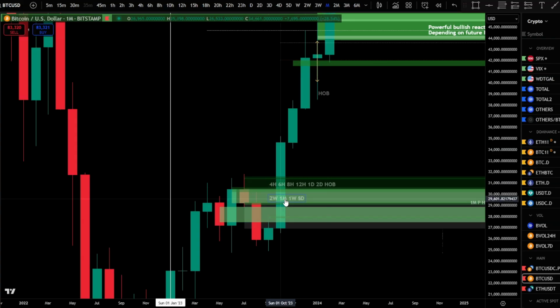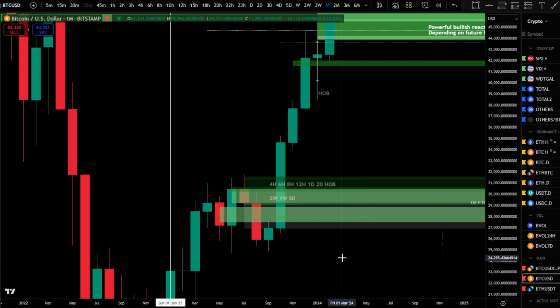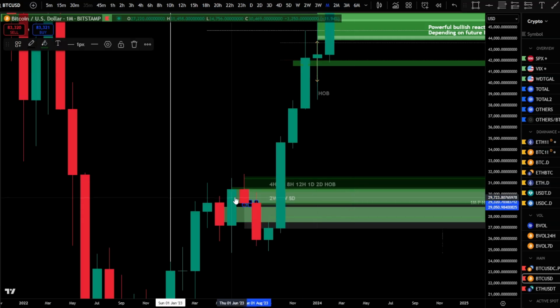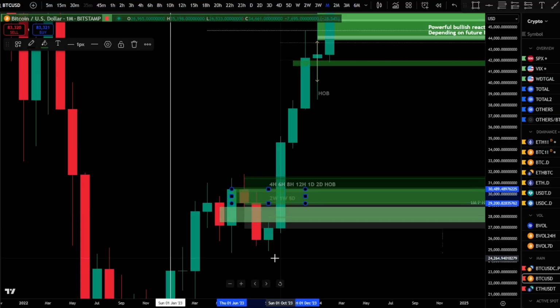I don't know why I did a monthly here. Quite interesting. It's already broken through, so there's no real monthly level here. But yeah, I think this one I like even better, to be honest. It's also more into the 70% range, so these ones a bit lower.